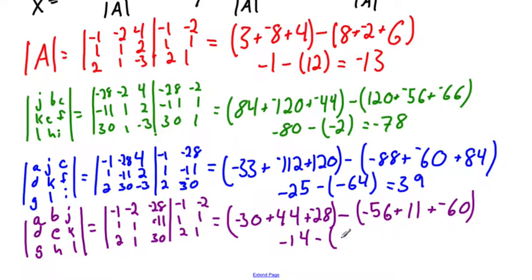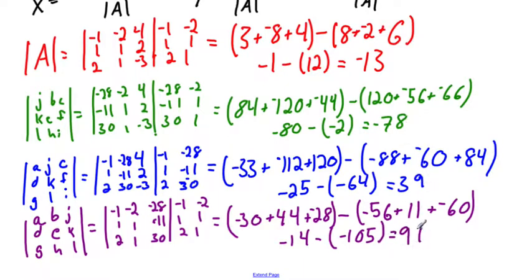It's negative 105. So I have negative 14 minus a negative 105. That's just going to give me good old positive 91.